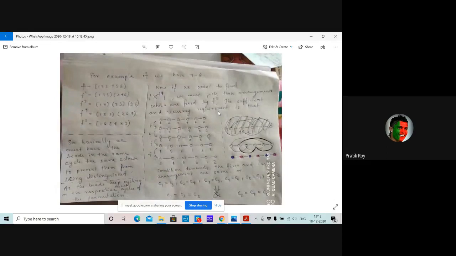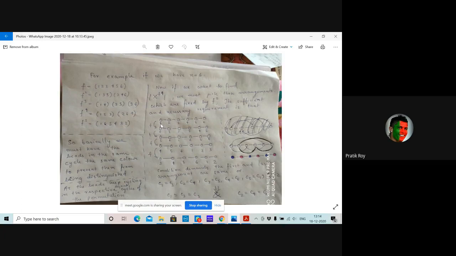We wanted to find how many arrangements are fixed by the element F4 of the group, and you see that this F4 has a decomposition 153 and 264. So I have just applied this F4 on the particular arrangement 1 2 3 4 5 6. By 1 2 3 4 5 6 I mean these are the colors of the beads, that is C1 C2 C3 C4 C5 C6 respectively.